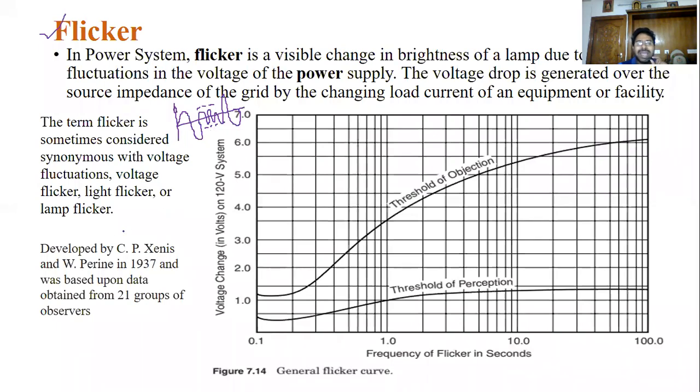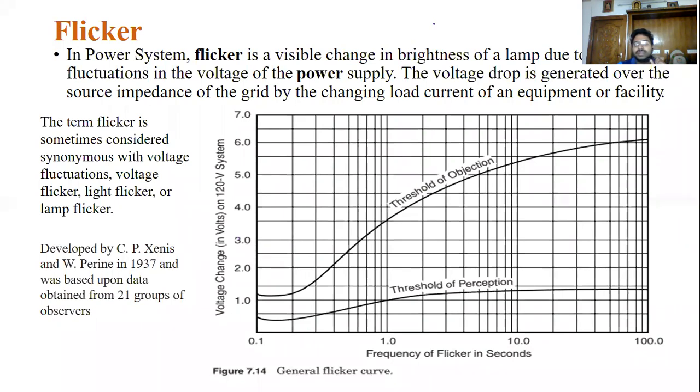When a human eye is able to identify changes in brightness in incandescent lamps or other types of lamps, you can treat it as a flicker. That is the power system flicker.